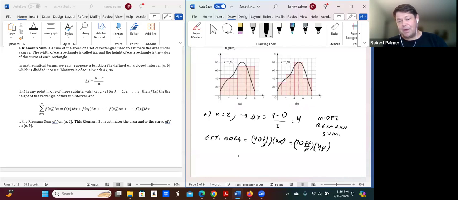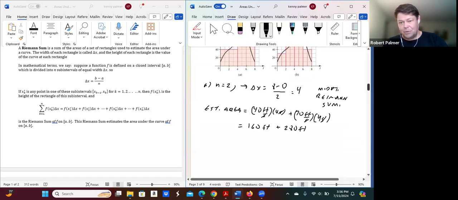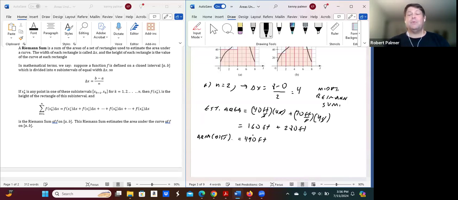Seconds cancel out. What we have is 40 times 4, which is 160 feet, plus 70 times 4, which is 280 feet. If we add that together, it's 440 feet. And so that's also the estimated area, and the estimated distance traveled, 440 feet.